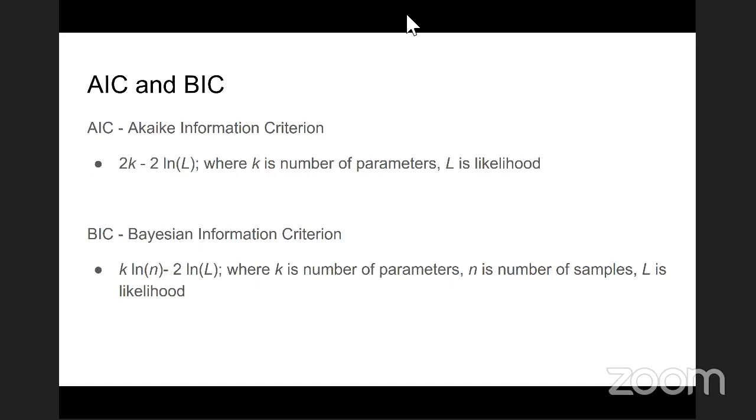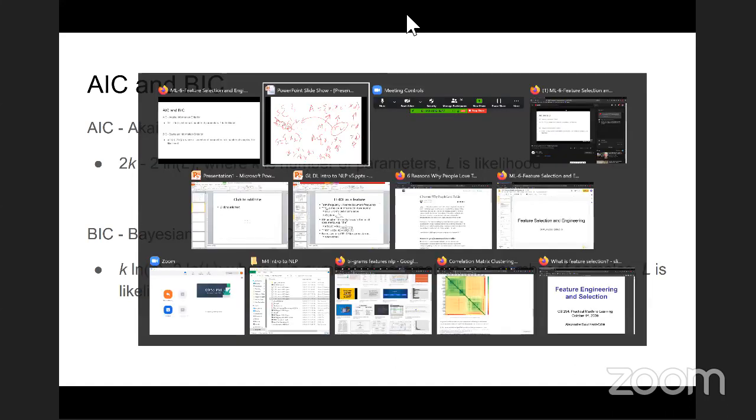What do you mean by likelihood for a model? Let's say I have a model where I have two classes, and those two classes are based on some assumption that they come from a Gaussian.